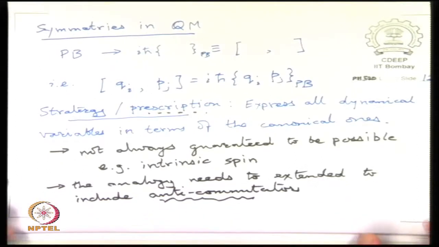The anti-commutators ensure Pauli exclusion principle and everything. But it is something auxiliary that didn't come out of the simple prescription.